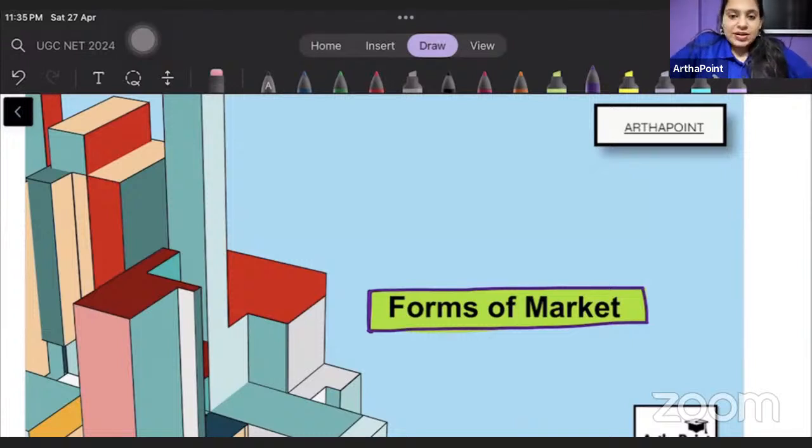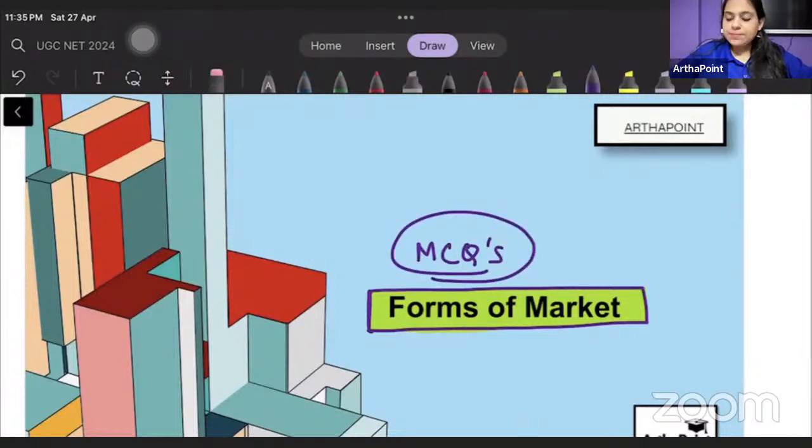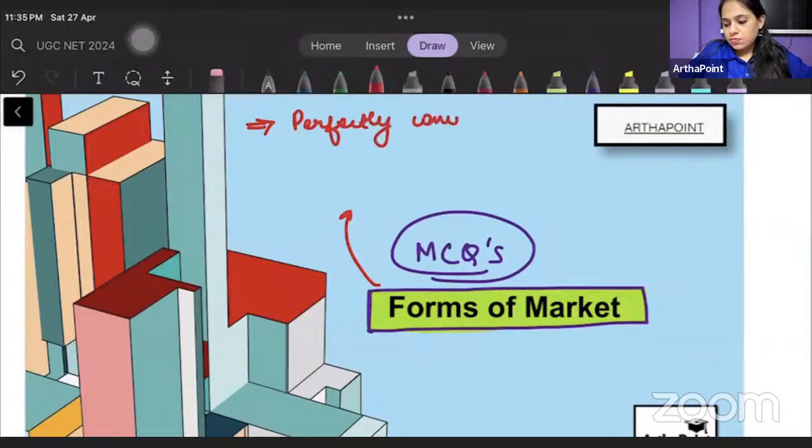Hi, good evening, everyone. Beta, today we are going to start with MCQs based on forms of market. Forms of market is a very important topic, and in it you can get questions on perfectly competitive firms, where you can be asked questions based on its properties.